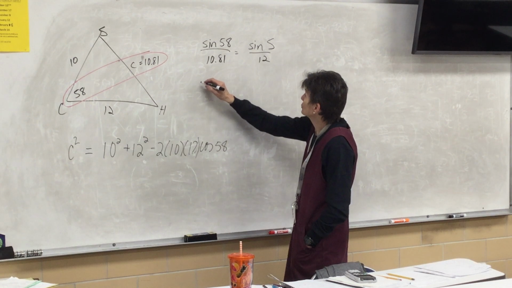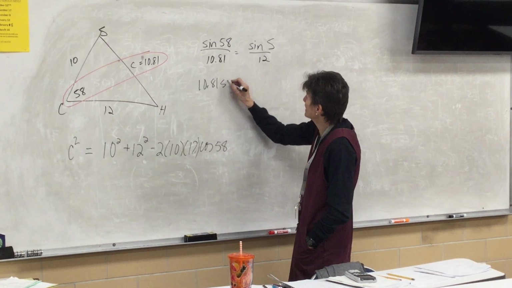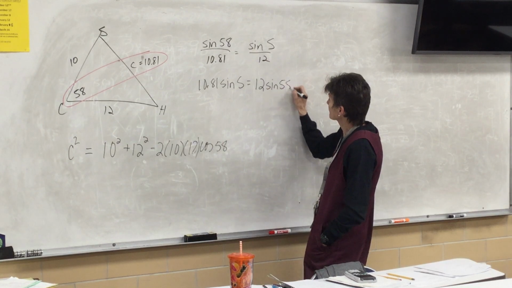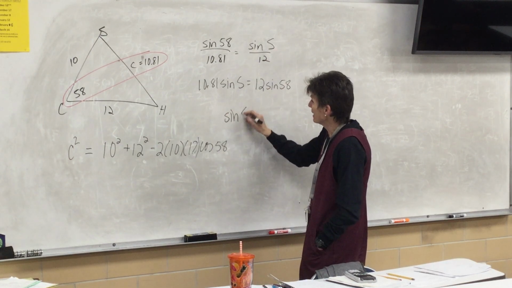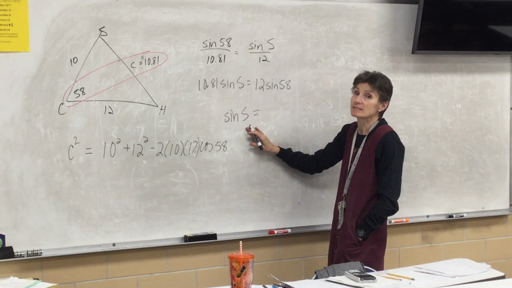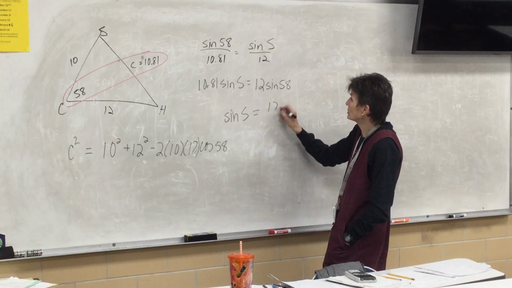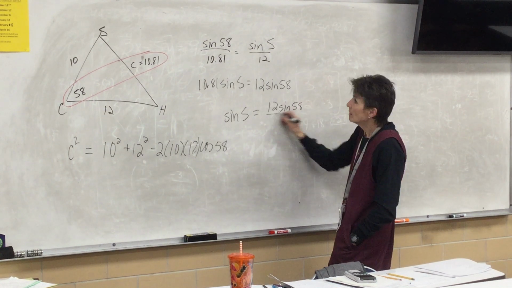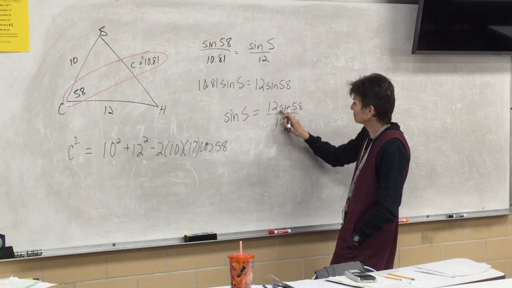So 10.81 sine s equals 12 sine 58. So sine s, not angle s, sine s equals 12 sine 58 over 10.81.